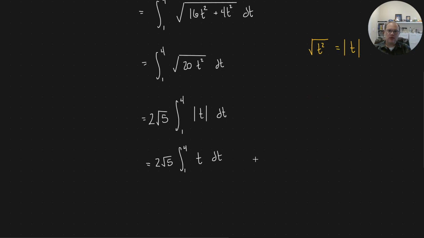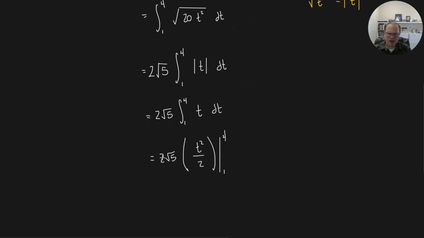Now that I've done all the simplification, this is pretty easy, right? Just the power rule. So 2 root 5 out here, and then the antiderivative of t is t squared over 2, and I'm going to evaluate that from t equals 1 to t equals 4. Before I plug in, I'm just going to cancel this 2 with that 2.